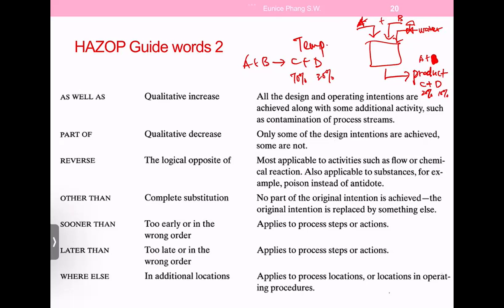Or A is supposed to come in first, followed by B, but B comes in first, followed by A. So these are all the possibilities that you can play with these guide words. And where else, it's supposed to come here, but you have been waiting there and your chemicals A and B don't come in. Maybe they connected the wrong hose, or they have so much piping there, they may have turned off some valves along the way and it went somewhere else. Okay.